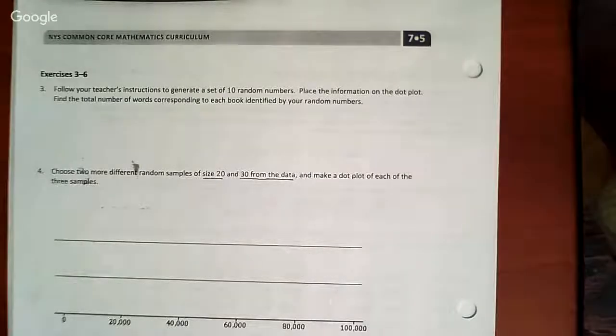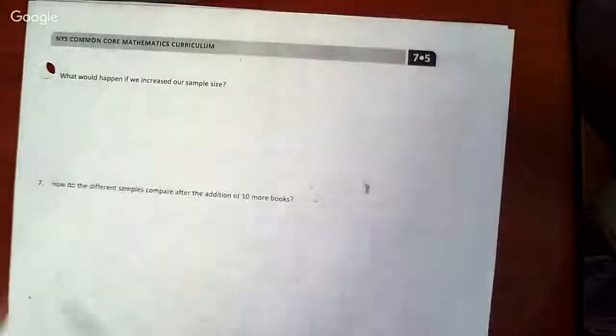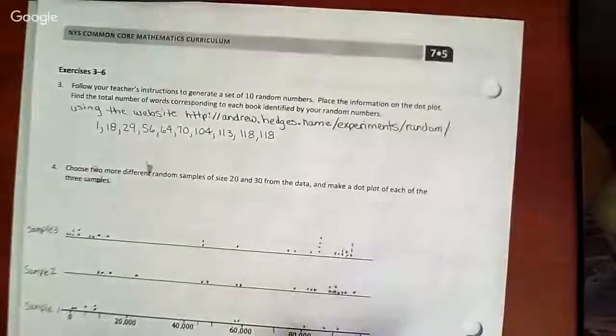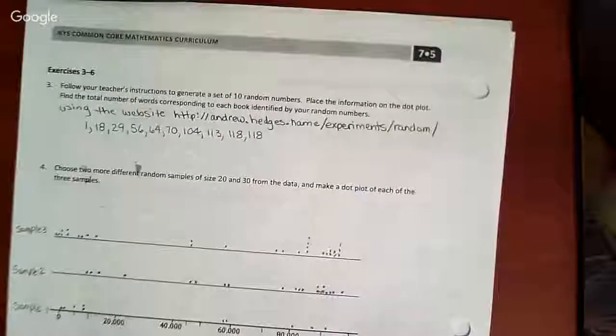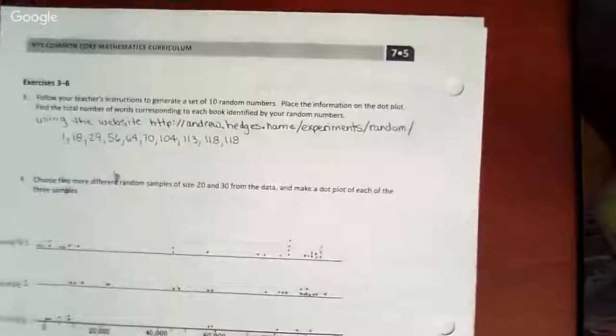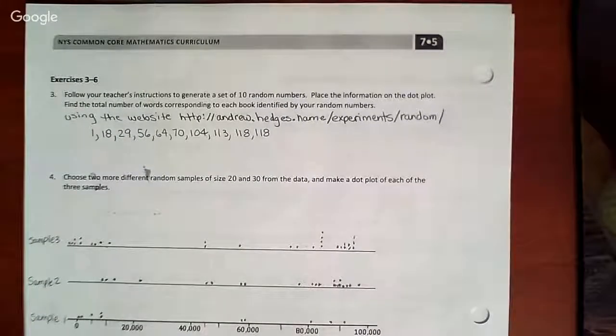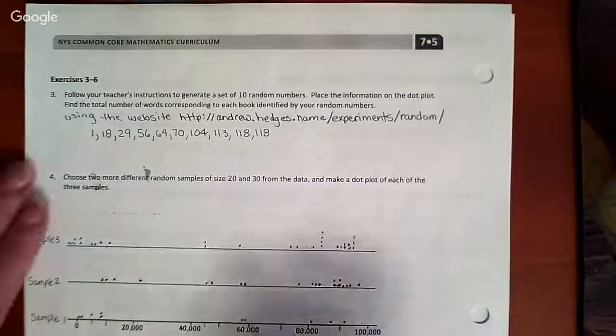Well, I already did that, so I'm going to show you that information now. So using that website, and again, here is that website. My first set of 10 numbers, okay, were these.